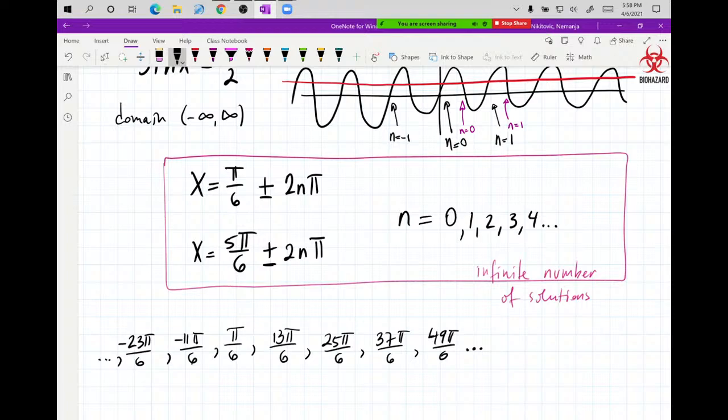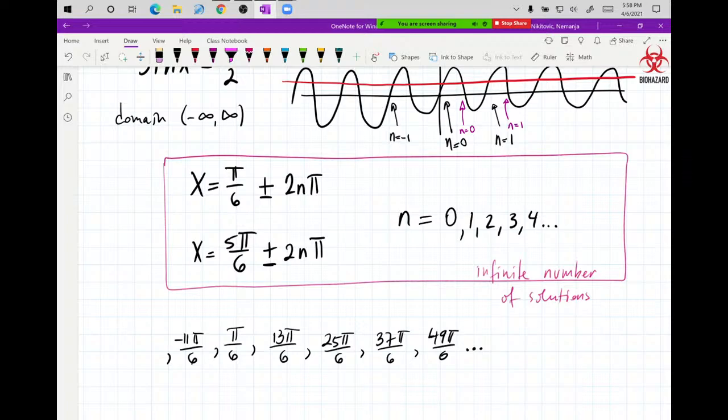And it's clearly better to just do this than to actually list them. I mean, first of all, you can't list infinitely many of them to begin with, but you can definitely compact them with the 2n pi.